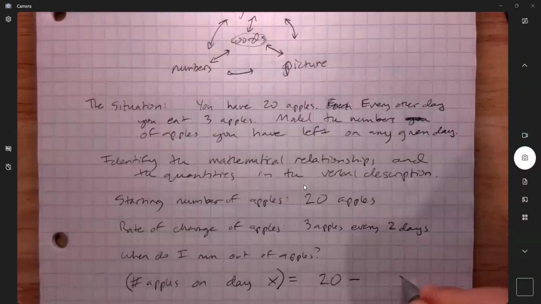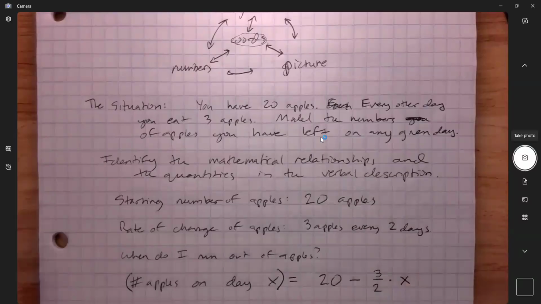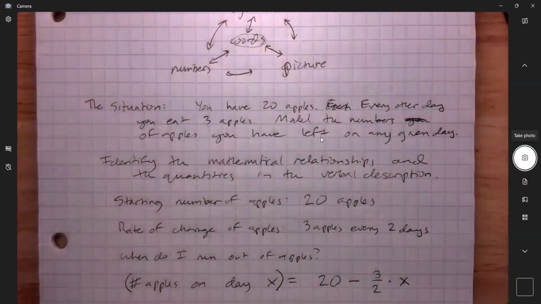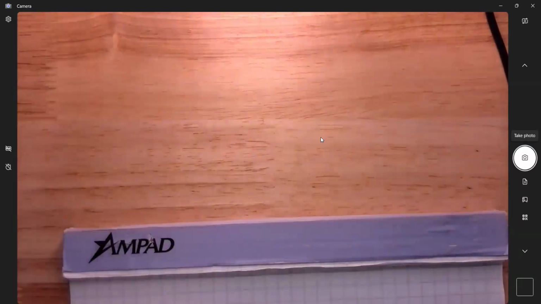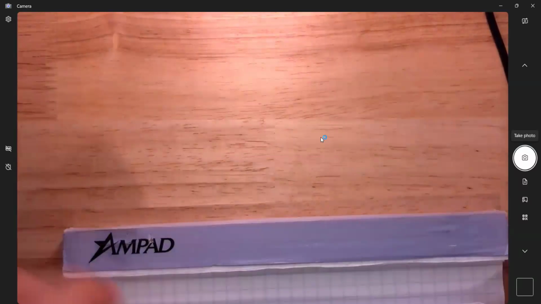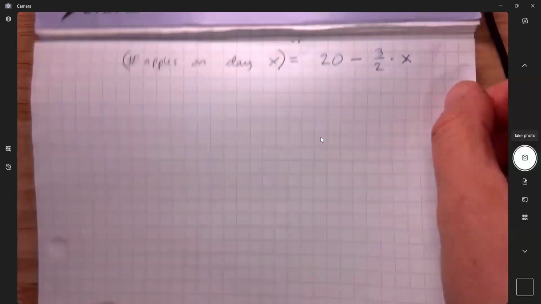When X goes up by 2, I'm going to lose 3 apples. All right, so let me check that because honestly, I might not be sure that that's correct. So what I've done is I've come up with a possible formula, but I'm not sure it's right.